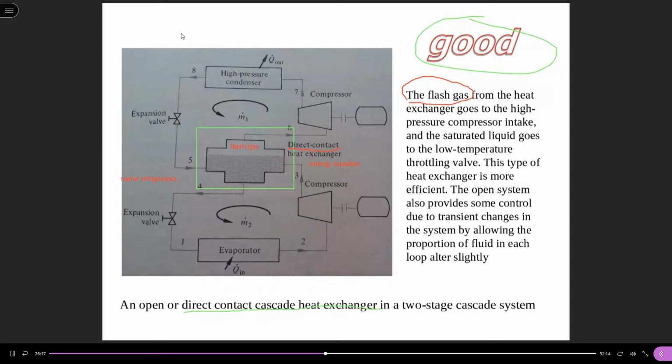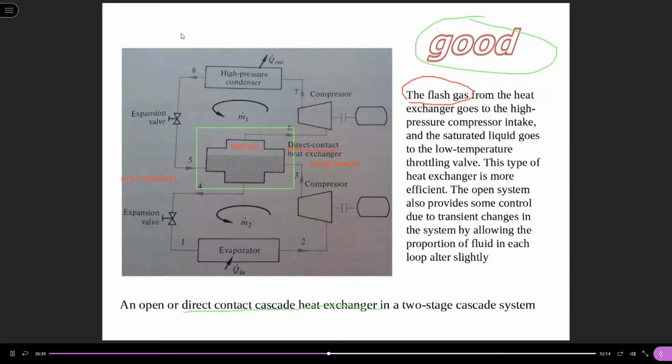So we can see in this heat exchanger, all the refrigerants are saturated. A saturated mixture of refrigerants.